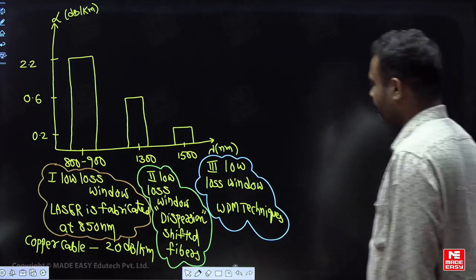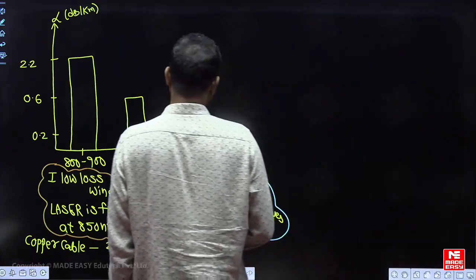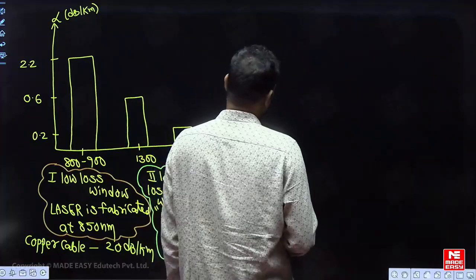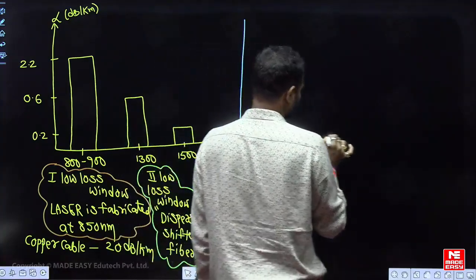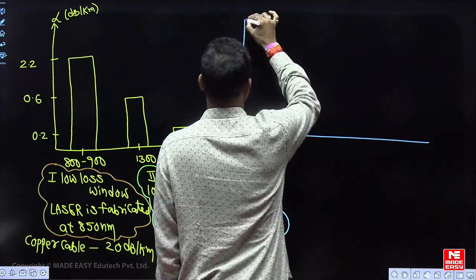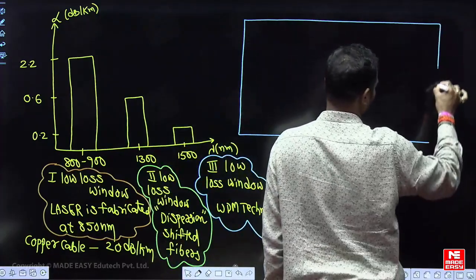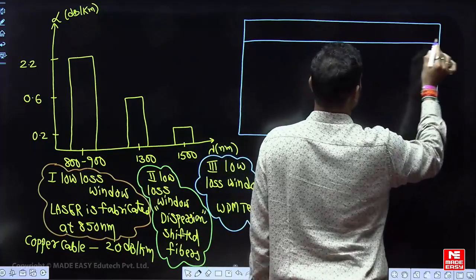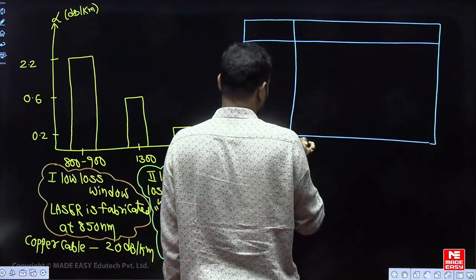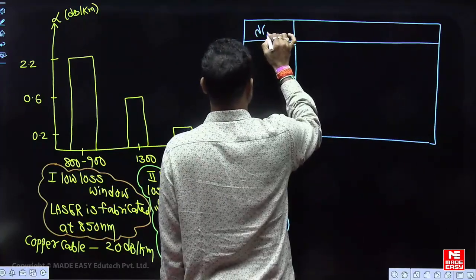I can explain these losses with a small table. Try to understand, everybody in the class, very simple. So I can tell it in this way. This is called wavelength, dear students, wavelength in terms of nanometers.